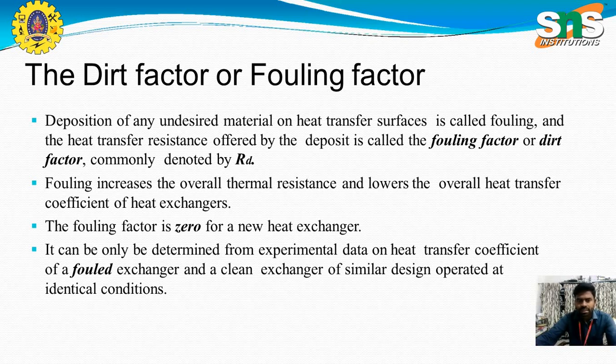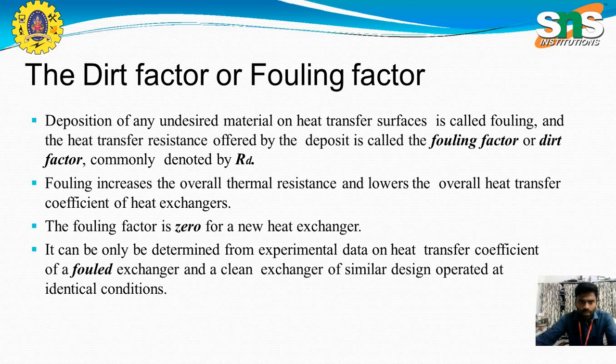That is, the fluid inside the smaller tube, if you take this as a hot fluid, then for a 100% perfect heat exchanger, it will transfer heat from the smaller tube to the outer surface of the inner tube, and then to the fluid flowing on the outer surface of the smaller tube.